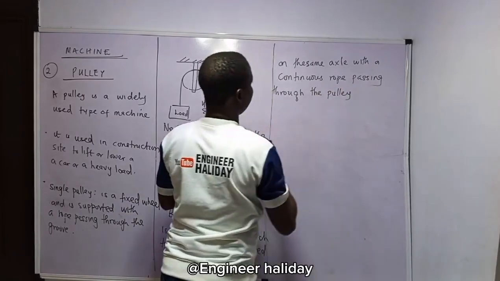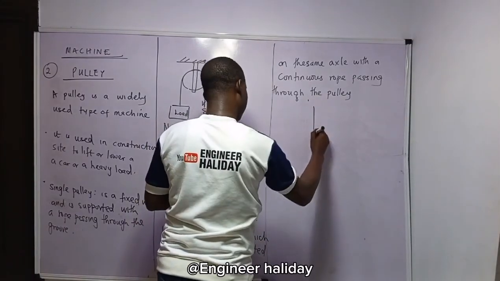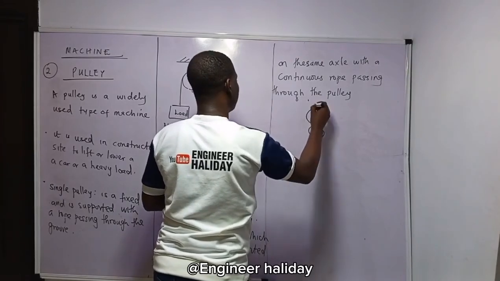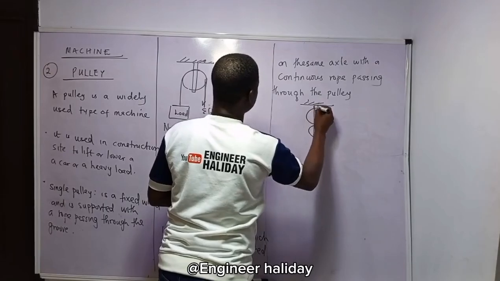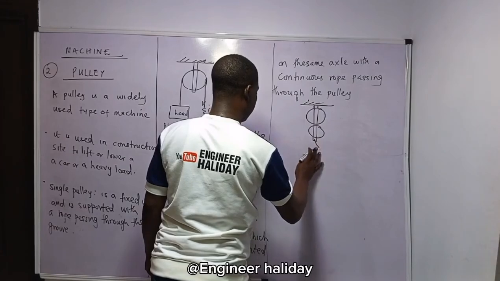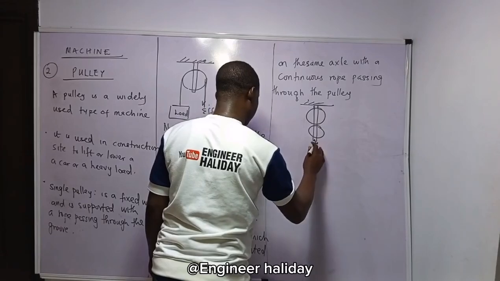If I have a sketch like this, I have one, two, and these are two fixed pulleys. Let's take a particular pulley system.